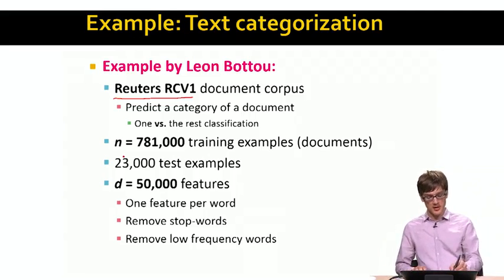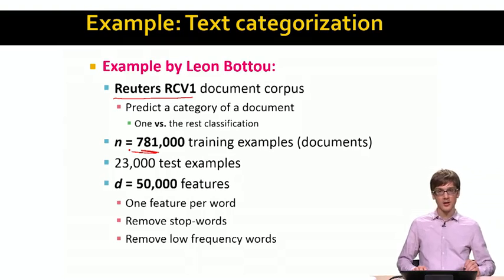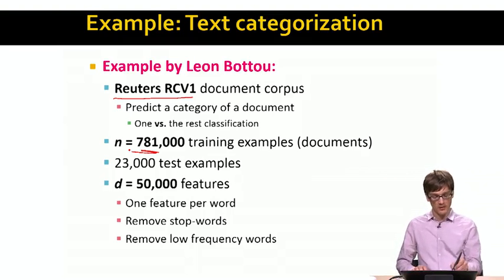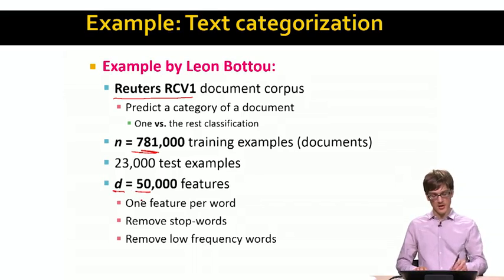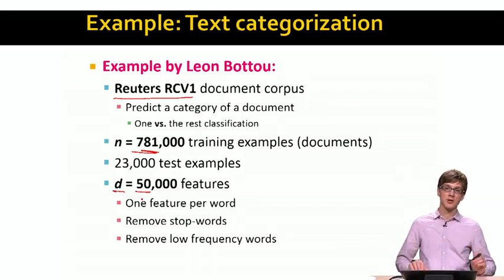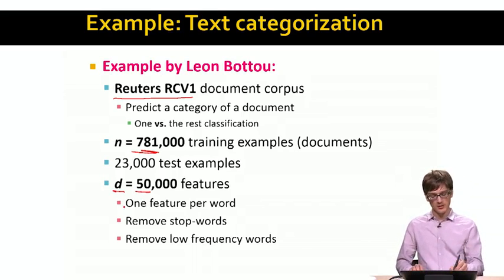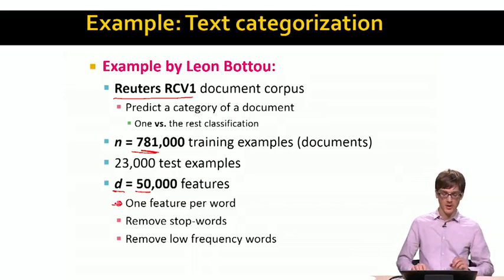In this data set, we have more than 700,000 training examples or documents. We will represent every one of these training examples with a 50,000 dimensional vector, which basically means that we will have one feature or one dimension per word.